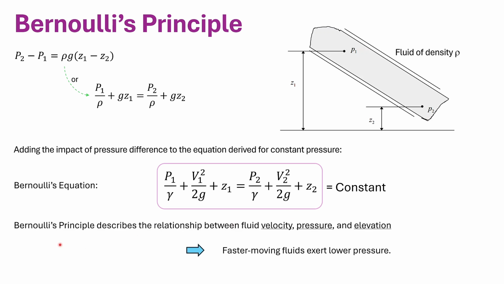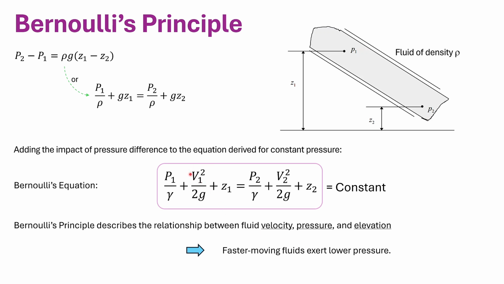So Bernoulli's principle describes the relationship between fluid velocity, pressure, and elevation. Therefore, since the left and right sides of this equation should stay constant, faster moving fluids exert lower pressure.